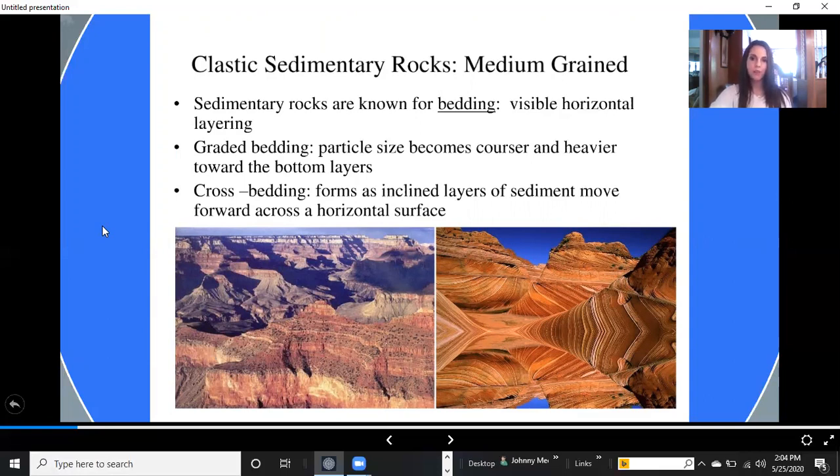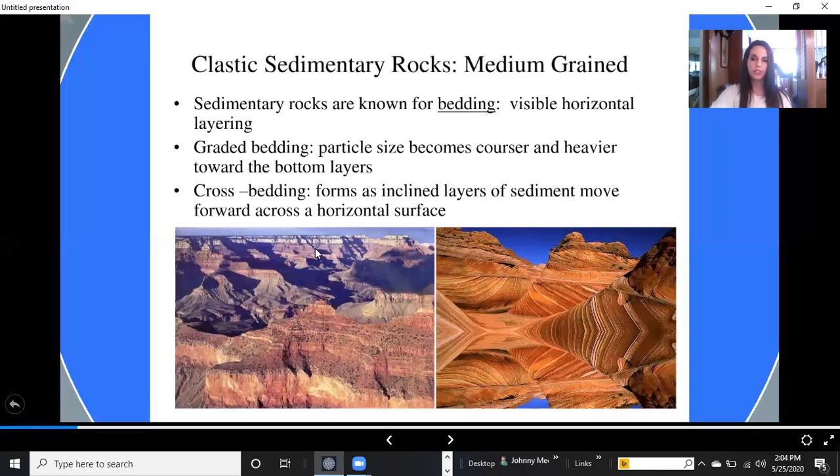Cross-bedding. Cross-bedding forms as inclined layers of sediment move forward across a horizontal surface. So you can see here, this is going in sort of a sideways direction, but then these are a little bit more of a horizontal up and down.